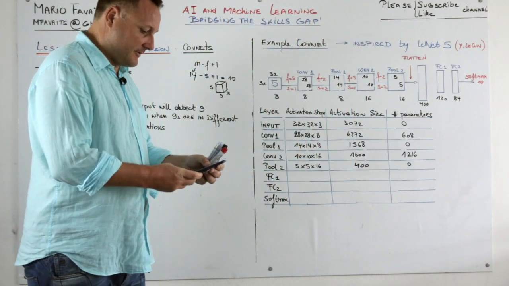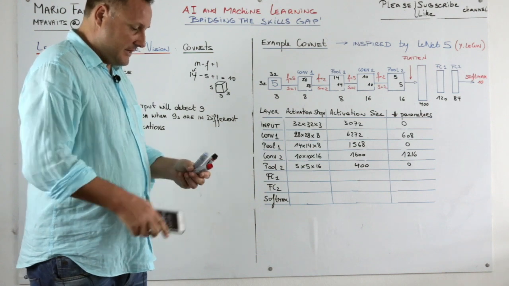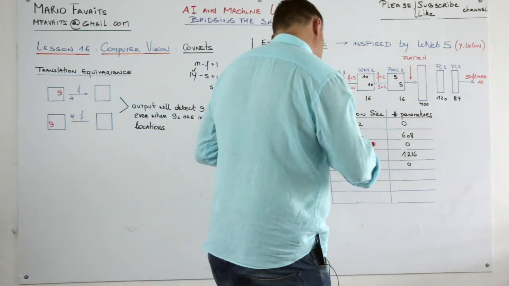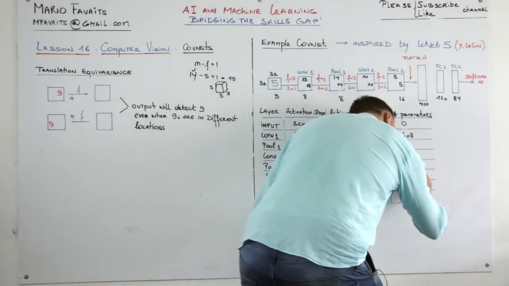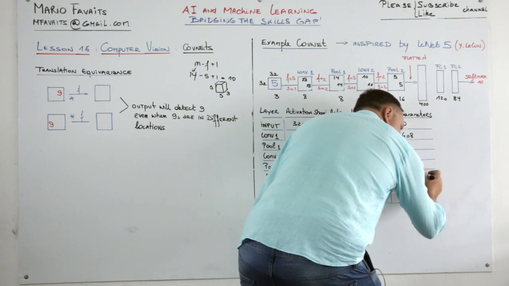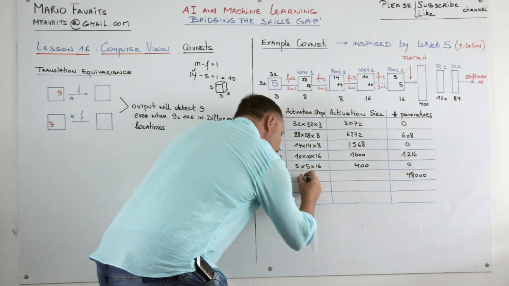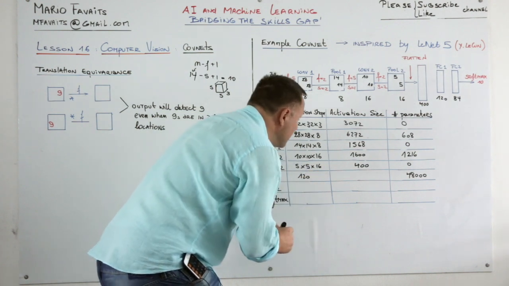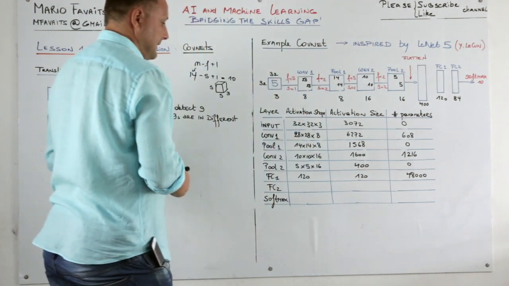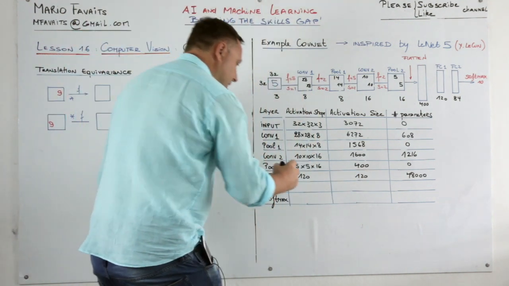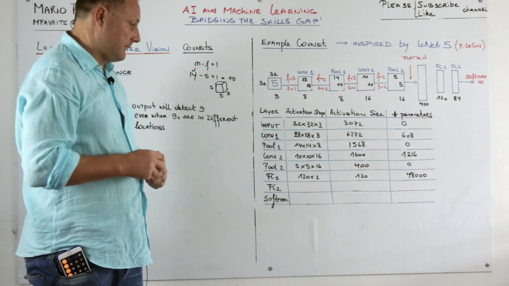And 400 times 120 is 48,000. And this is of course 120. Also 120. So in the next one, this 120 and one column, so times 1.